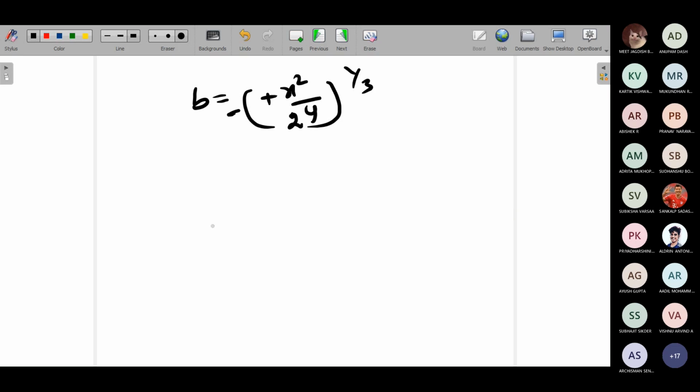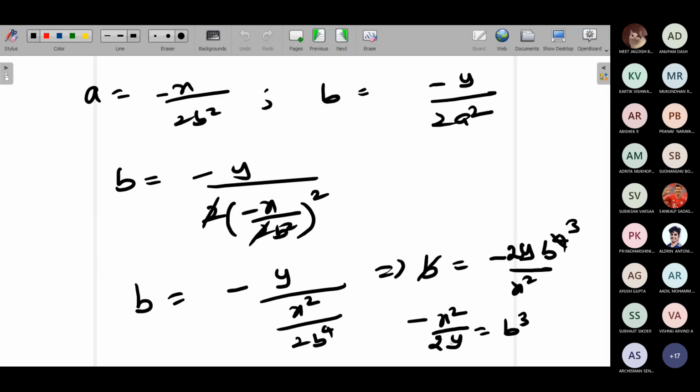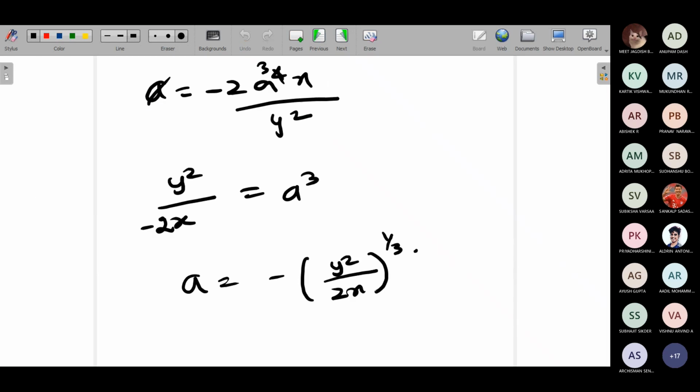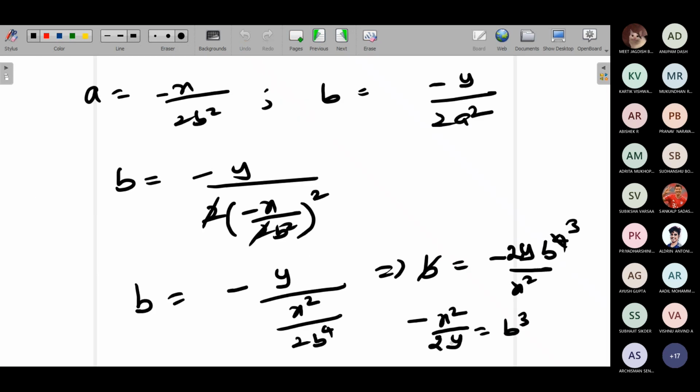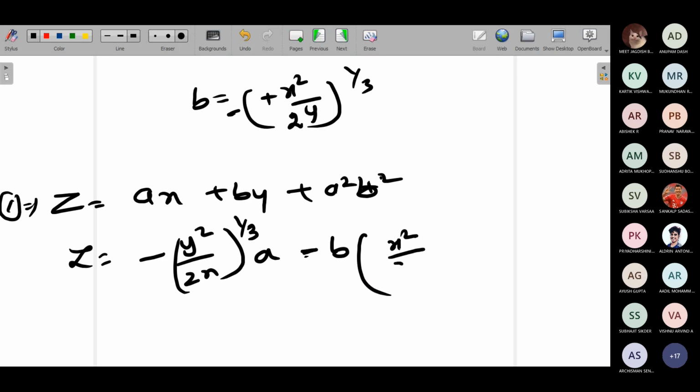What is your z? Z is equals to ax plus by plus a square b square. This is your equation number 1, right? So z is equals to, you got the value of a. What's the value of a? A is minus y square by 2x whole power 1 by 3, into x. Why am I writing a here?